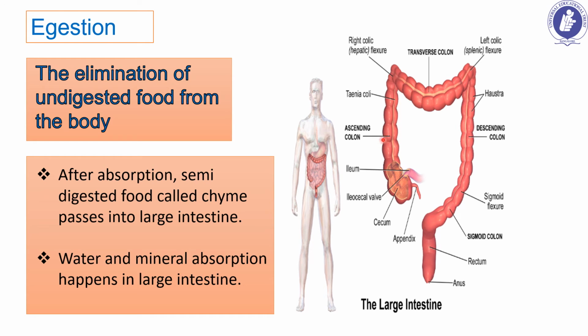Afterwards it goes through the ascending colon, the transverse colon and the descending colon. After that, this undigested food is stored in the rectum until it is removed through the opening called the anus. So in the large intestine, no digestion happens, only water and mineral absorption.